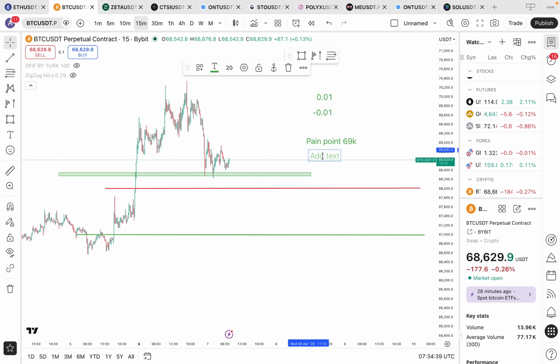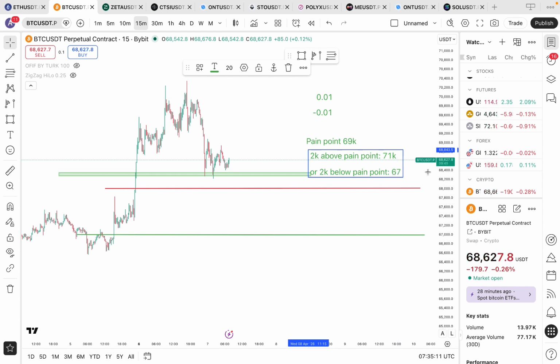Now they like price to be 2k above pain point or 2k below pain point. Now 2k above pain point is around 71k. 2k below pain point is around 67k.